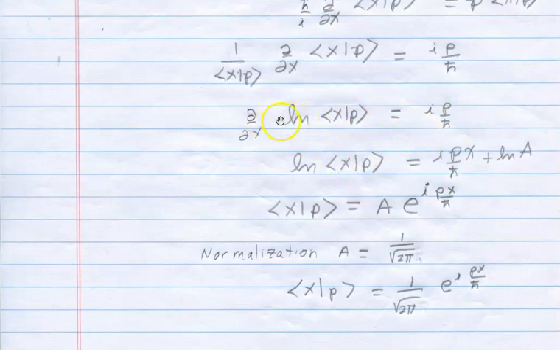The indefinite integral of this derivative of the natural log just becomes the natural log, and on this side, these are all constants, so it's just i p x over h bar, and then I have to add an integration constant, which is convenient to choose in this form.